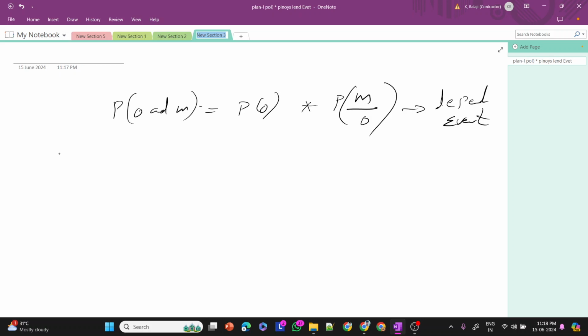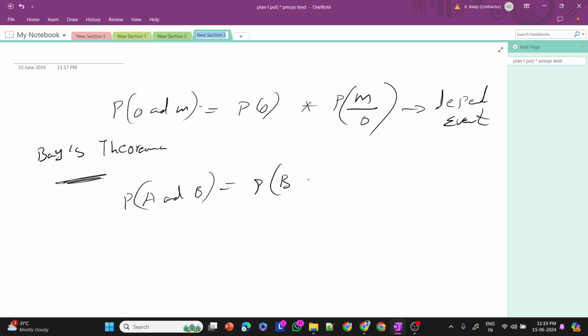But now we can see Bayes theorem. The probability of A and then B is equal to the probability of B and then A. That means in the first event we take orange and in the second event we take mango.